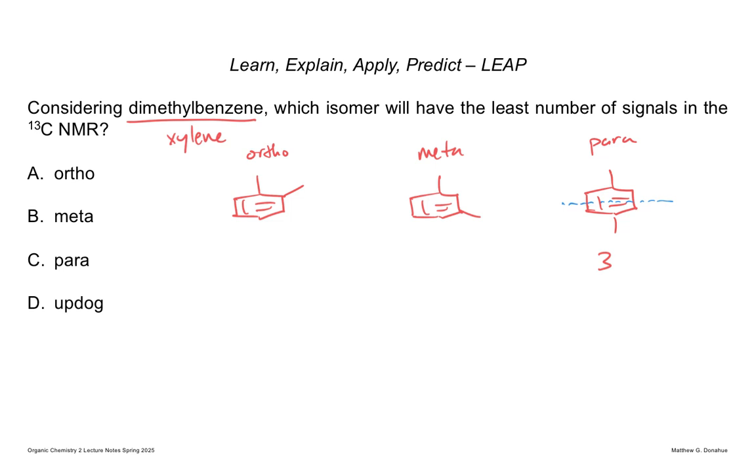And then the next one, you're actually cutting through those methyl groups. So it has 2 planes of symmetry there. So I'll put some green dots. Those would be the 3 unique carbons.